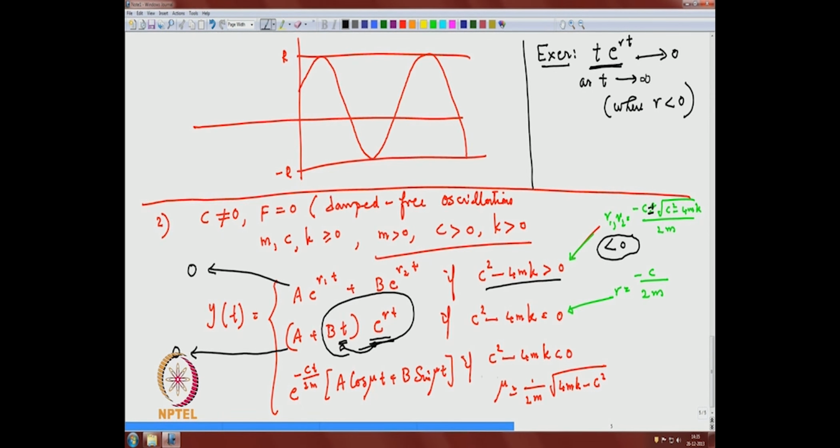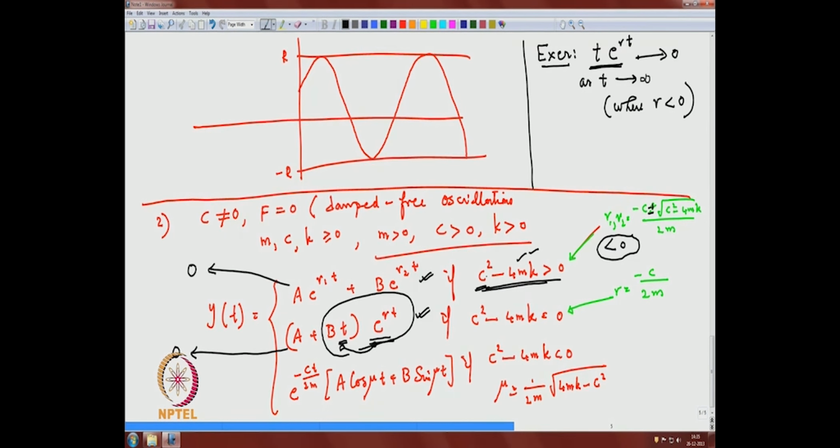Now, here the third case. In the first two cases, there are no oscillations and this term goes faster, that means m and k are fixed quantities. All this sign changes because of c, and c is the one which we are controlling in the damping.